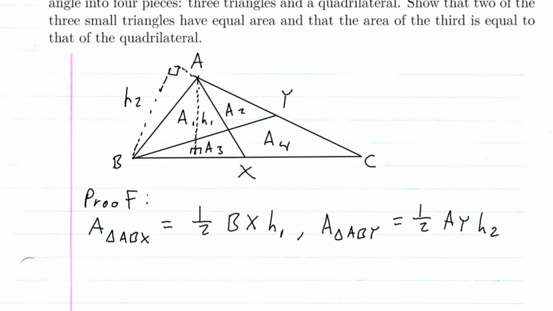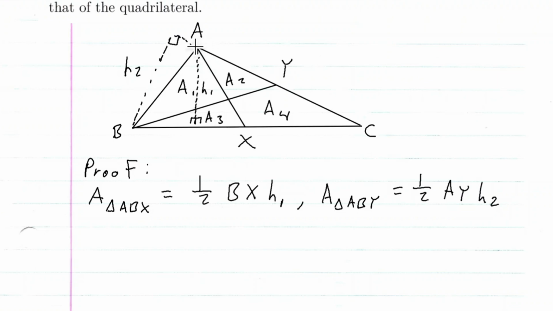Now the next trick to do this sort of problem is we're going to look at the area of triangle ABC from the perspective of the height being H1 and from the perspective of the height being H2. The area of triangle ABC is equal to 1/2 BC times H1.